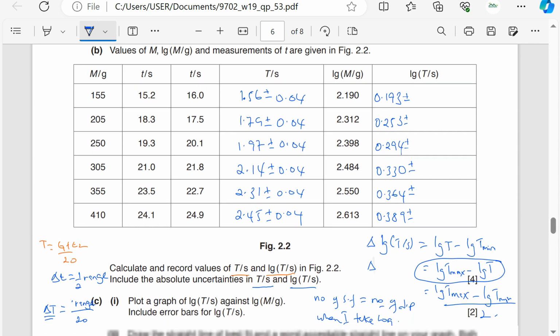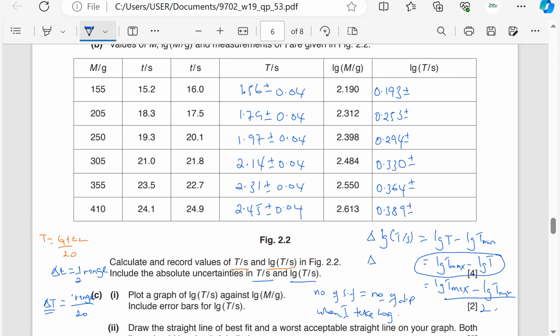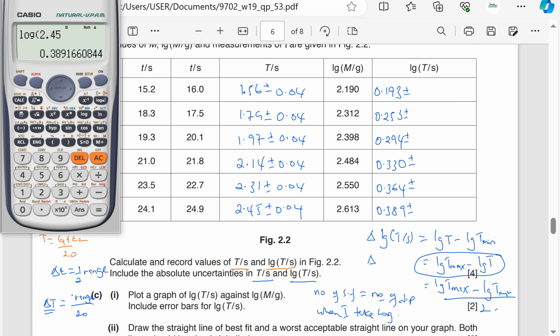Okay, now let's find the uncertainties in each of these, because I've shown you how to find the uncertainties. So I'll just use the log of the maximum value of t minus log of t. For the first one, the maximum value of 1.56 is 1.56 plus 0.04.